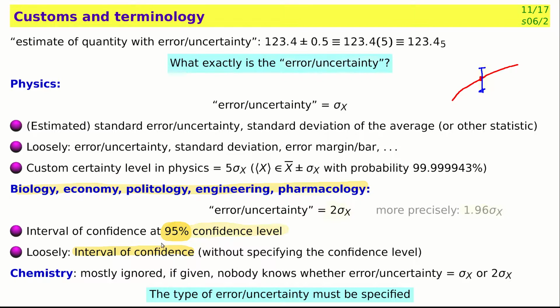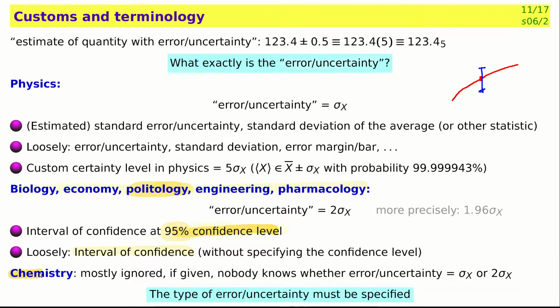For example, typically in a newspaper, if there are opinion polls, they say this political party is likely to be voted by, let us say, 10% of voters with interval of confidence plus minus 1 percent. But if you don't know the level, we don't know. Okay, it's 95%. I back engineered these results some time ago, so I know they use 95%, which is typical. But of course, you should know that.